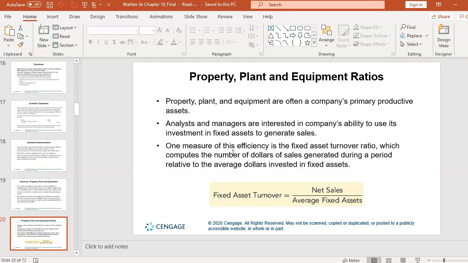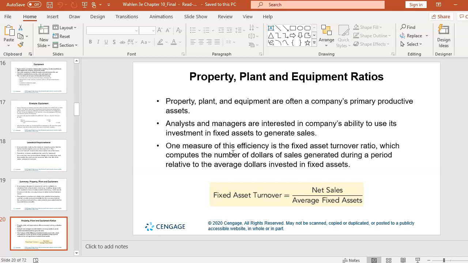Okay, and then just some various ratios we can look at to help us measure or understand property, plant, and equipment. Now, keep in mind with ratios, they're a great way to compare, but also keep in mind what I'll call apples to oranges comparisons. If I'm comparing a manufacturing company against a retailer, a manufacturer will use a lot more property, plant, and equipment than a retailer would.